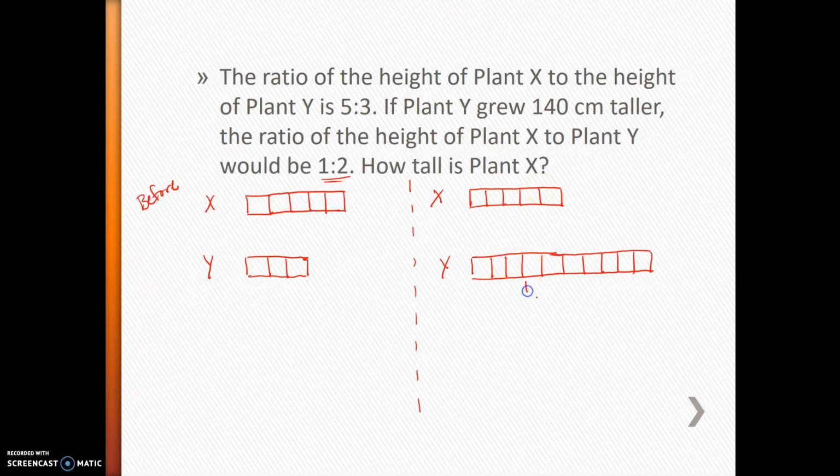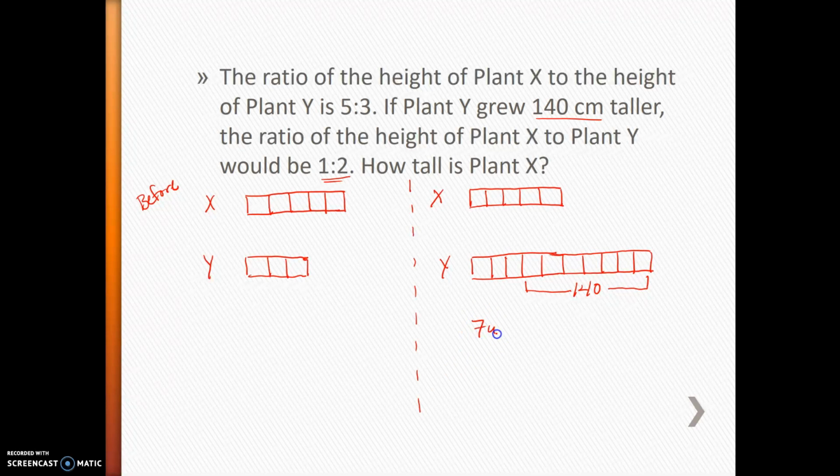So I just added 7 units to plant Y, didn't I? And it said in my word problem, if plant Y grew 140 centimeters taller, then the ratio would be 1 to 2, right? So those 7 units that I just added are going to equal 140 centimeters. So now we can solve this.